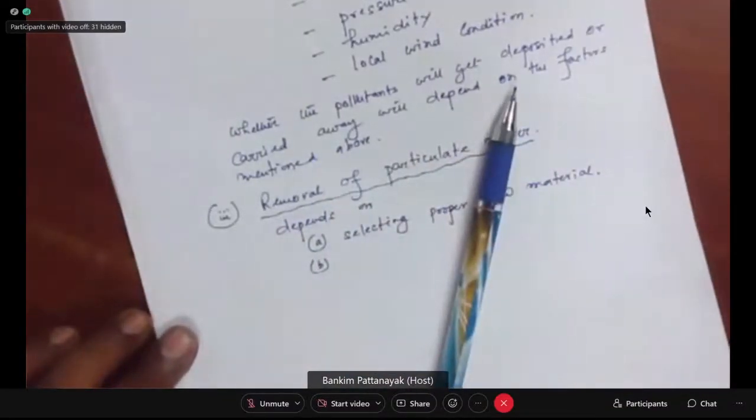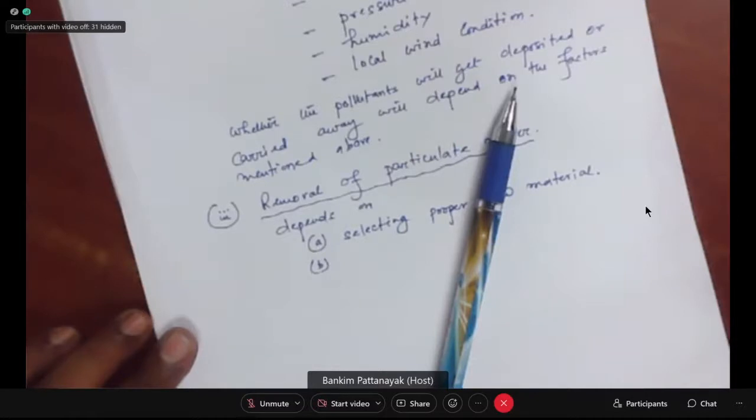Let us say atta. Suppose you have found that there are certain particles mixed up with the atta, and you want to get rid of them.